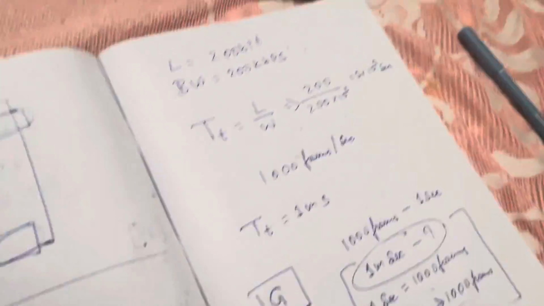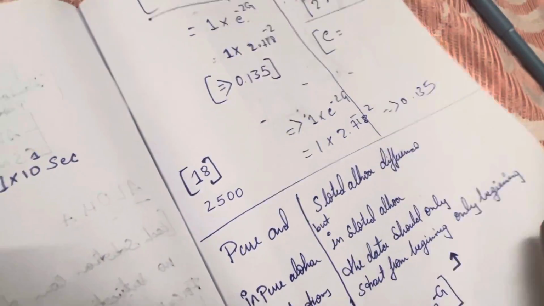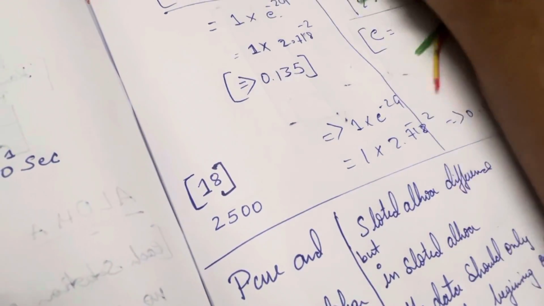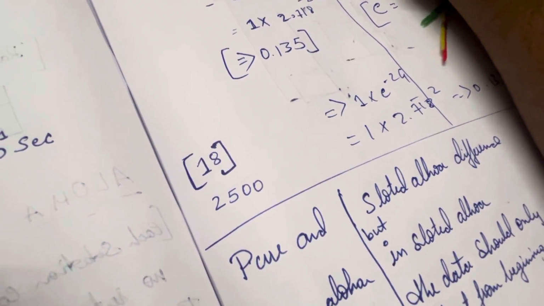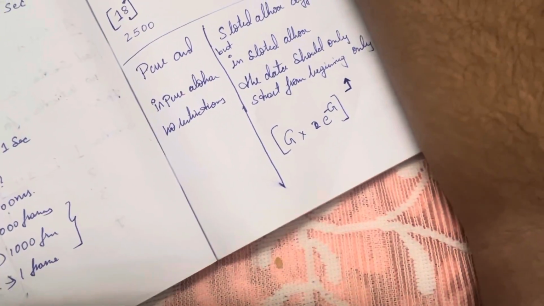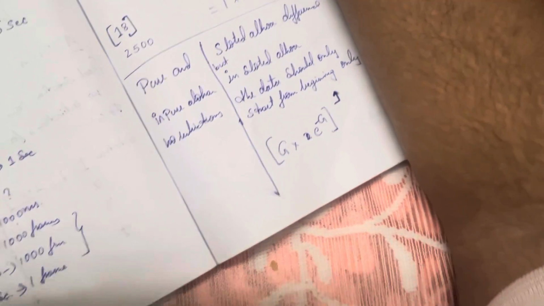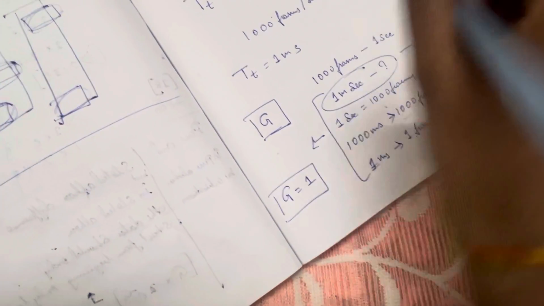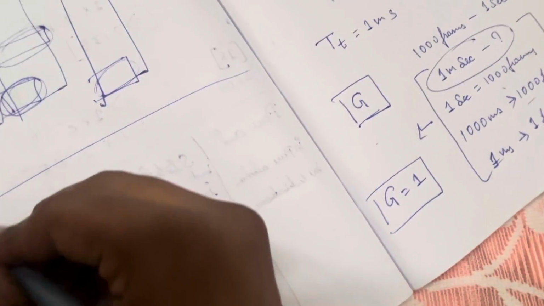Now let's dive into a simple example. Suppose G is given as 18 seconds. Okay, what if it is 18 seconds? Then I'll tell you what the calculation is. Let's say I'll tell you a brief example.